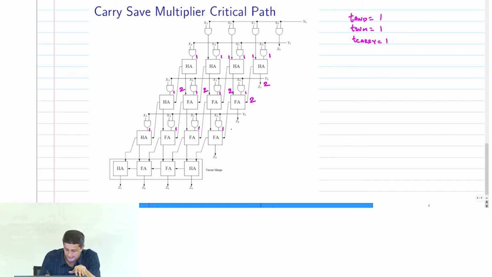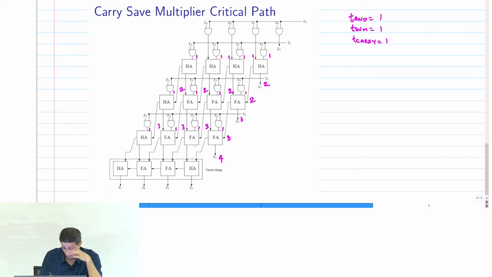Now, next stage. This Z2 will arrive at 3. This is 3. What about this guy? You are going to select the max arrival time, between 2, 1, 2. So the max arrival time is 2 plus another unit time, you get 3. And then Z3 will be ready at 4.